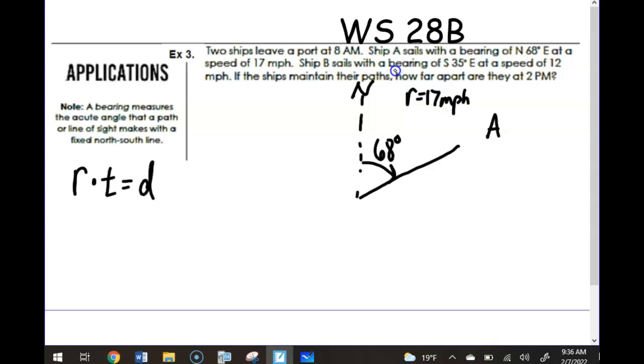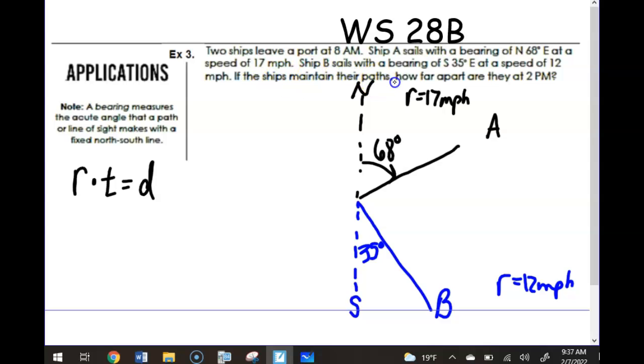All right, ship B is sailing with a bearing of off of south 35 degrees towards the east, at a speed of, this is ship B, and ship B's rate is 12 miles per hour.